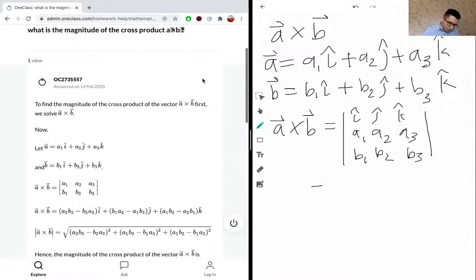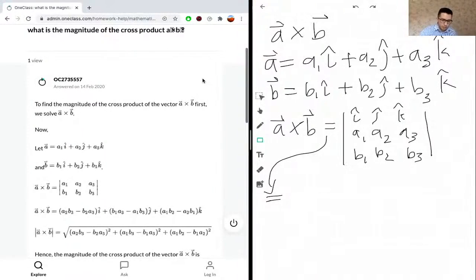Let me just erase this, and we'll move the equal sign down here. When we're calculating the i component, we look at only this part. We don't look at the column i; we only look at whatever is not in column i.